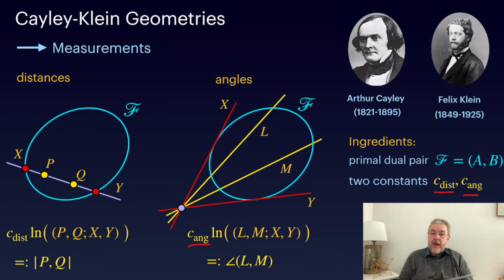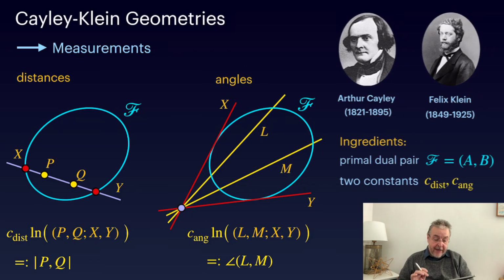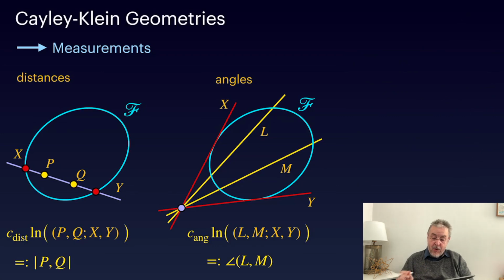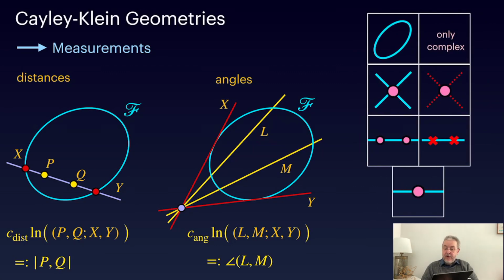That's Cayley Klein geometry. And I could stop my lecture here because I said everything, except I haven't told you why this is so cool, and it really is a cool thing. So let us step by step see how we can find geometries that we all know and even many more within the systems I've given you here. So for that, let me once more recall what we did when we classified primal dual pairs.